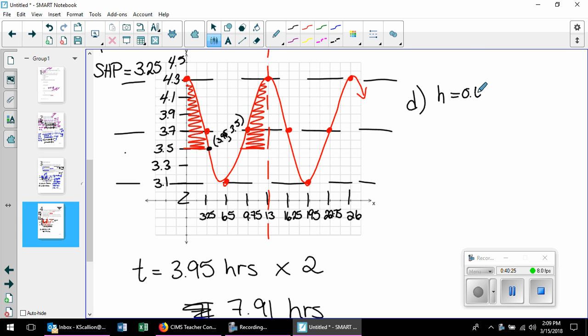So 0.6 cos 2 pi over 13 times 7 hours plus 3.7. Calculator in radians or degrees? Yeah, I think so. That makes me nervous.